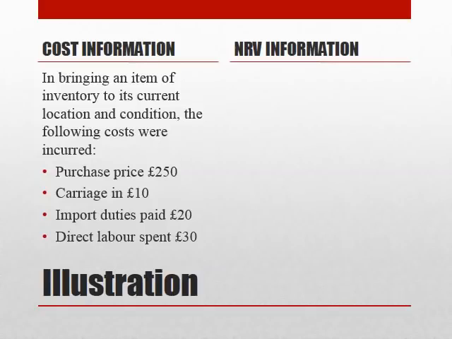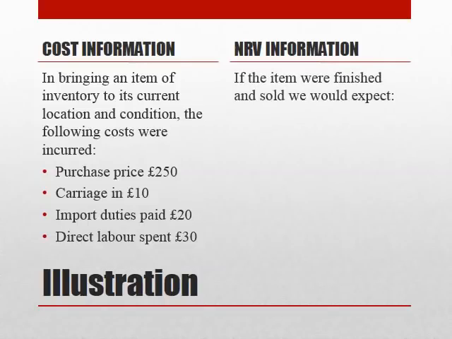We can now think about net realisable value. Now, net realisable value, it's important to remember that here we're looking at how much we think we're going to sell this item for, less any additional costs that we think we're going to incur in the future to achieve that selling price.